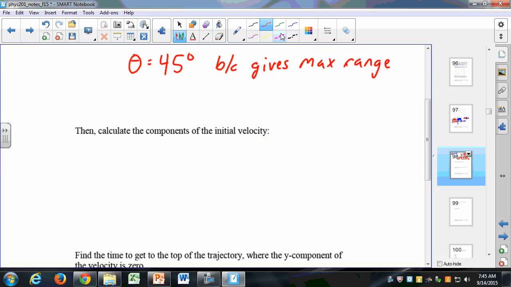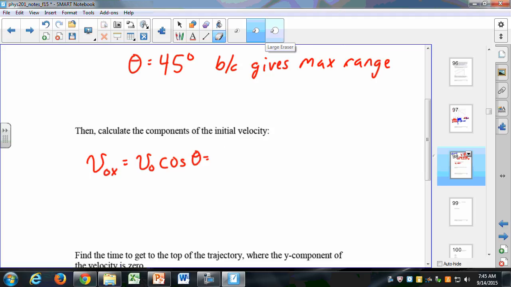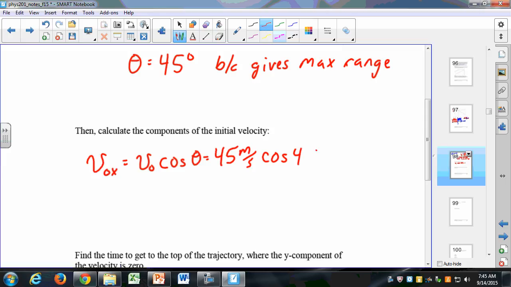We need to calculate the components of the initial velocity. So remember, v naught x is v naught cosine of theta. That's going to be 45 meters per second times cosine of 45. It's 0.71 times 45, which is 32 meters per second.